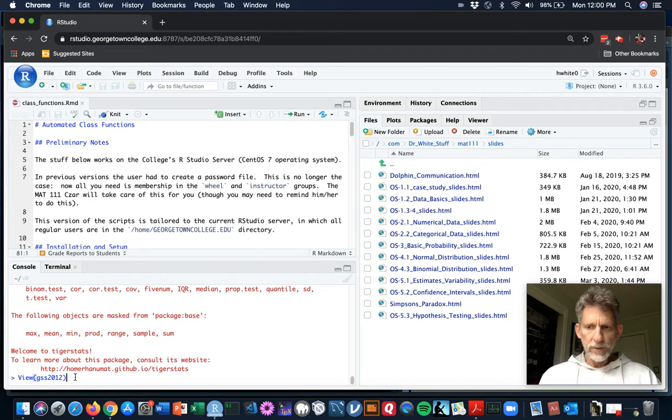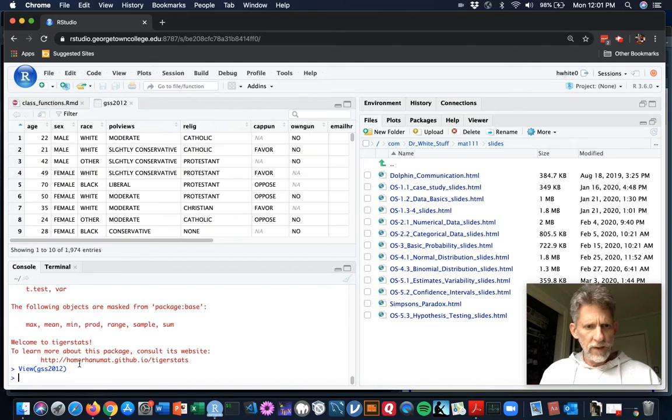The way you learn about a data set from a package is that you ask to view it and you ask for help on it. So I'm going to run the command down here, view GSS 2012. And I'll also ask for help, parenthesis, GSS 2012.